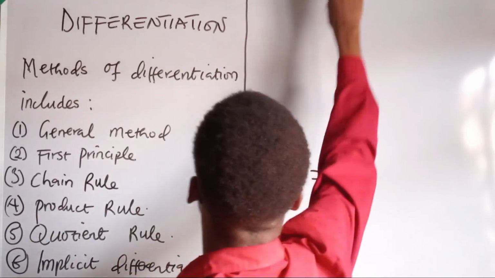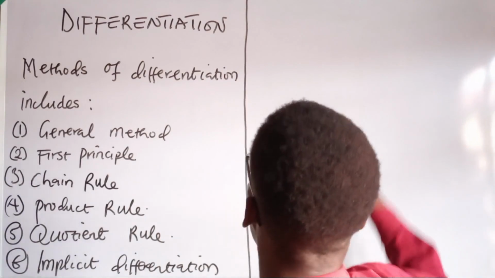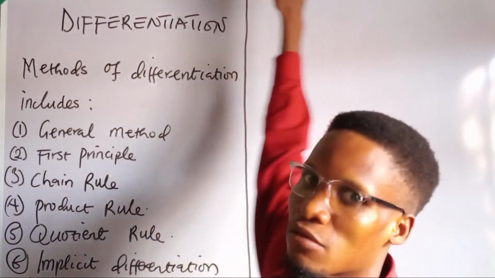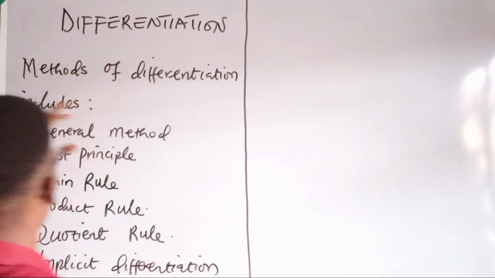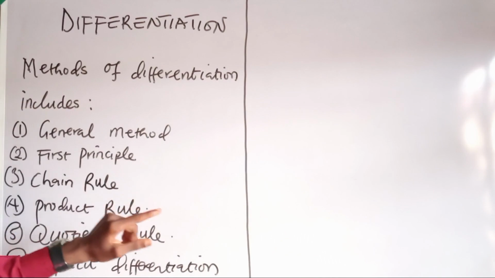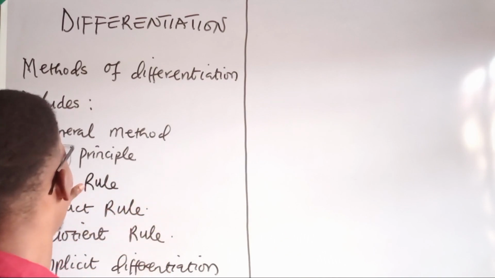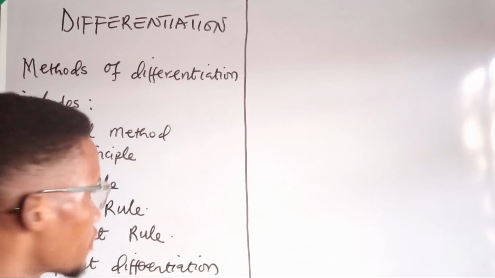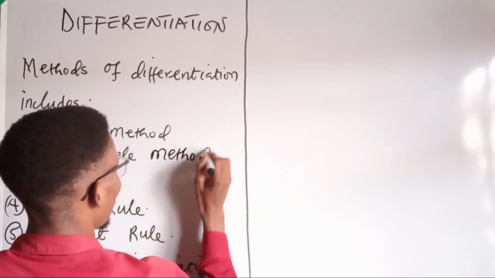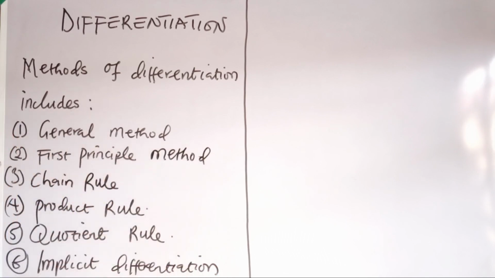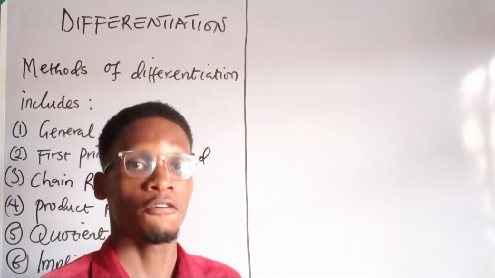And this differentiation has different methods which we use to solve them. So these are the methods. We have first the general method, then the first principle method, and the chain rule. The chain rule, we call it function of function.